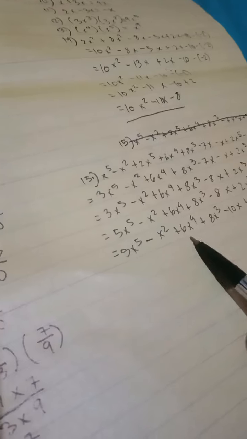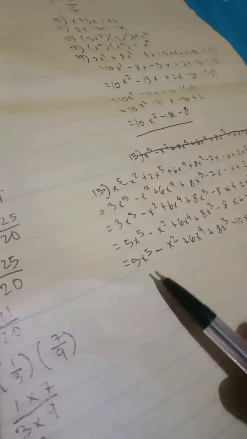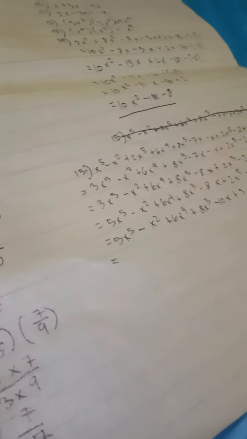Next, we're going to combine the 6x to the power of 4 and 5x to the power of 4 to get 11x to the power of 4.